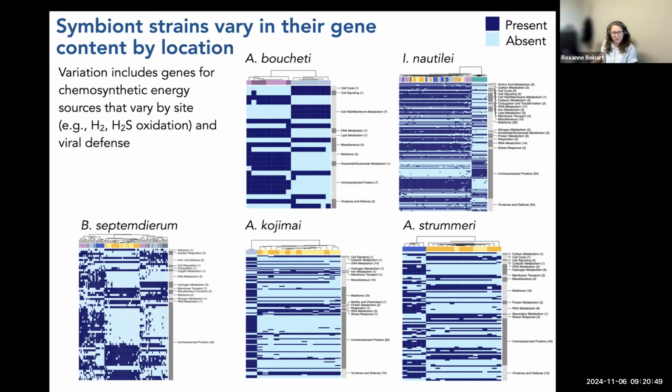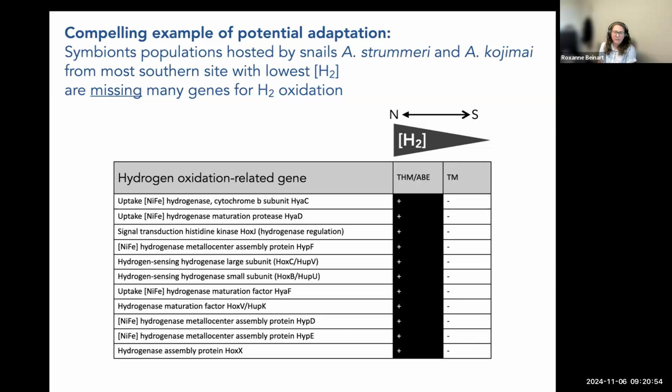But I'll go into more detail to explain some of the symbiont gene content and one really interesting and compelling piece of evidence potentially for local adaptation, and that is the symbionts associated with the snails Alvinaconcha strumeri and Alvinaconcha kojimi, which jointly host one type of symbiont, which we call gamma-1. And so if we look at the populations of this symbiont by site, what we find is that the symbionts associated with the snails in the northern sites, which have higher concentrations of hydrogen, still have genes for the use of hydrogen as an energy source.